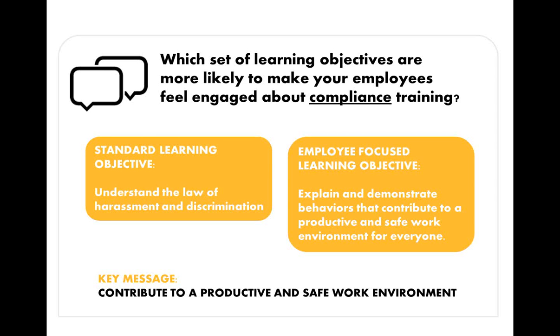The standard learning objective: I understand the law of harassment and discrimination. Well, that is actually one of the objectives of harassment training, isn't it? But look at the learning objective on the right, an employee-focused learning objective: explain and demonstrate behaviors that contribute to a productive and safe work environment for everyone.